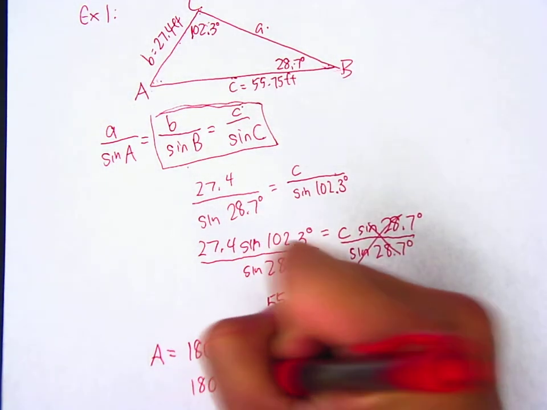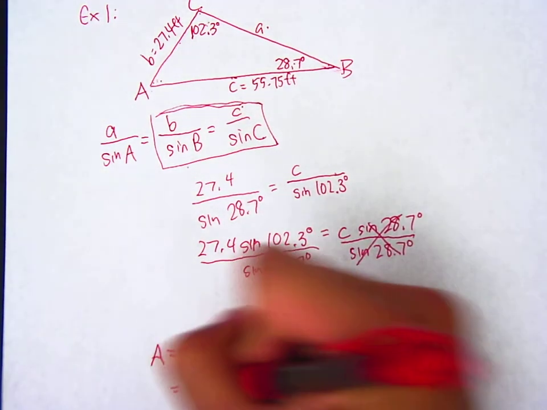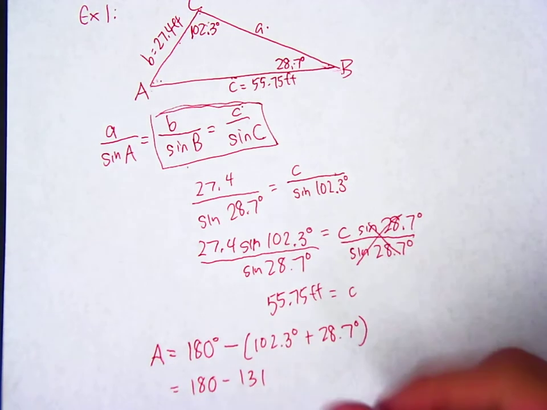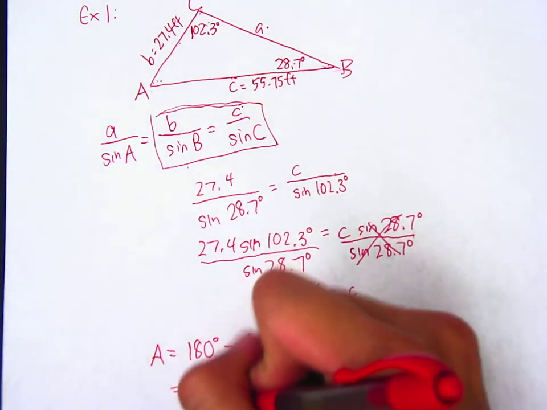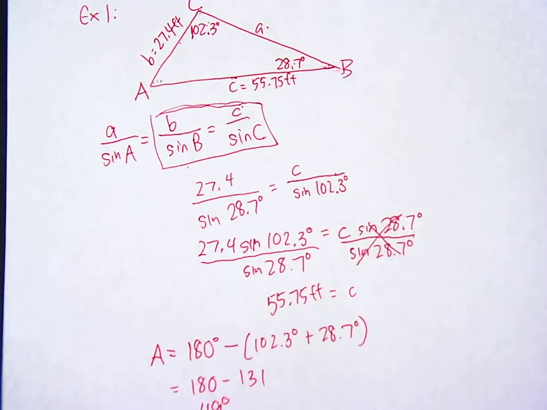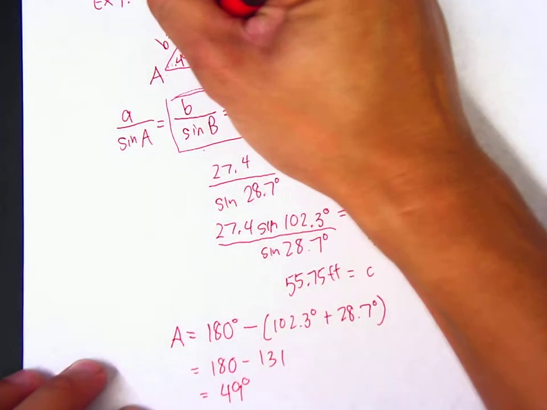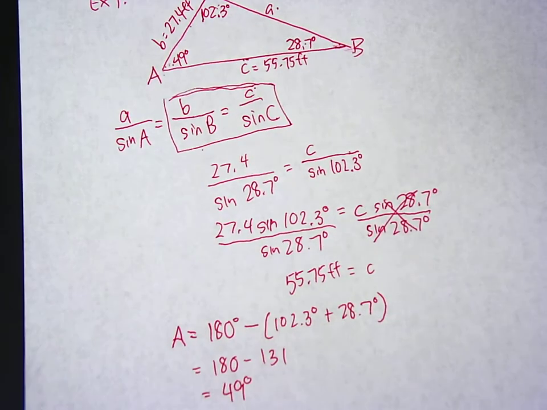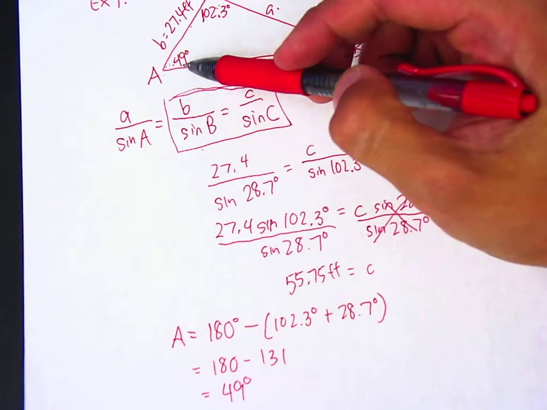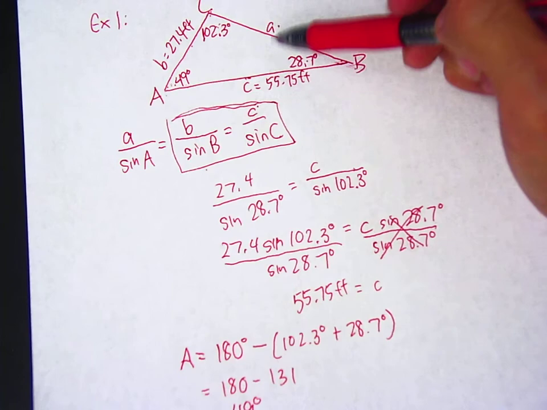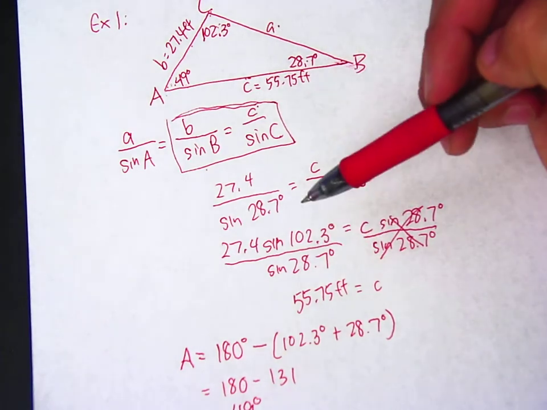So 180 minus 131 equals 49 degrees. So angle A is 49 degrees. And since I have angle A, I can find side A using the law of sines again.